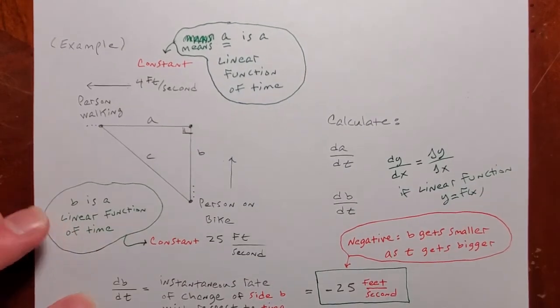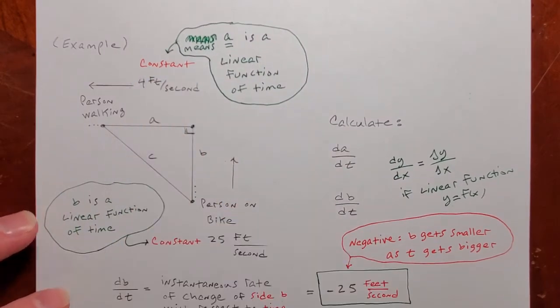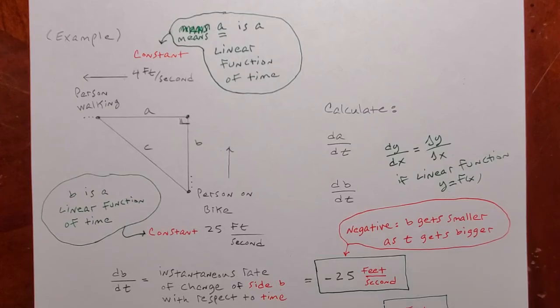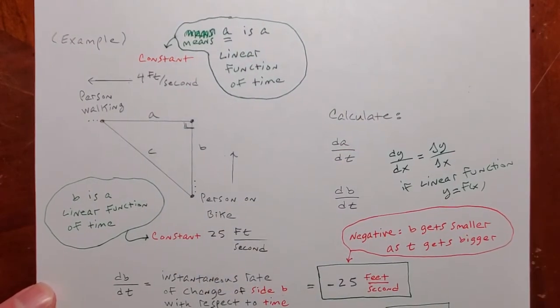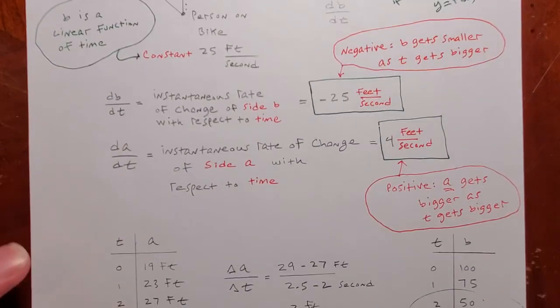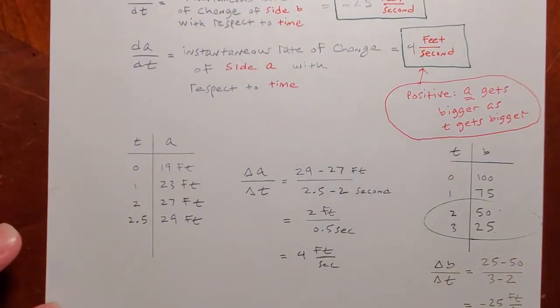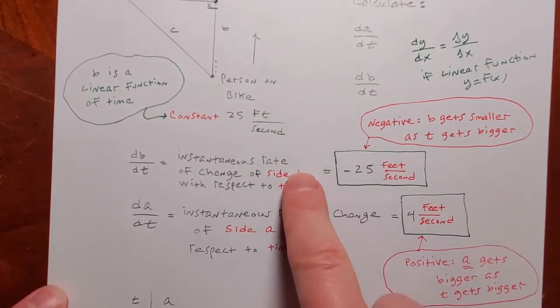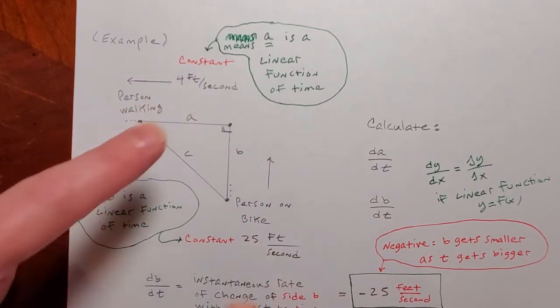And when I tell you that this rate or that one is constant, what it means is that these variables are linear functions of time. So it's no surprise that from whatever vantage point I look at this, I get those as my derivatives from this initial information.